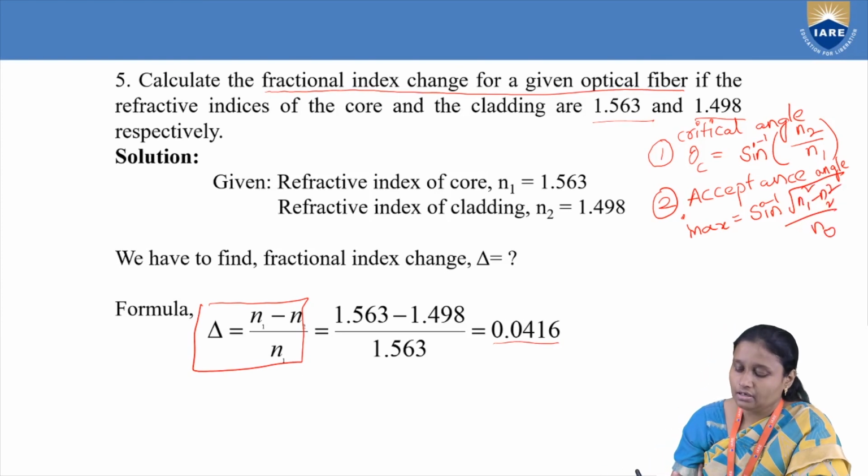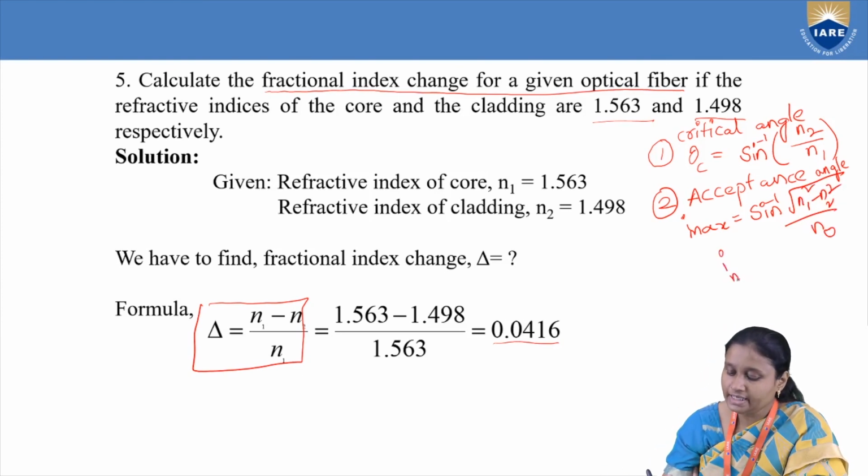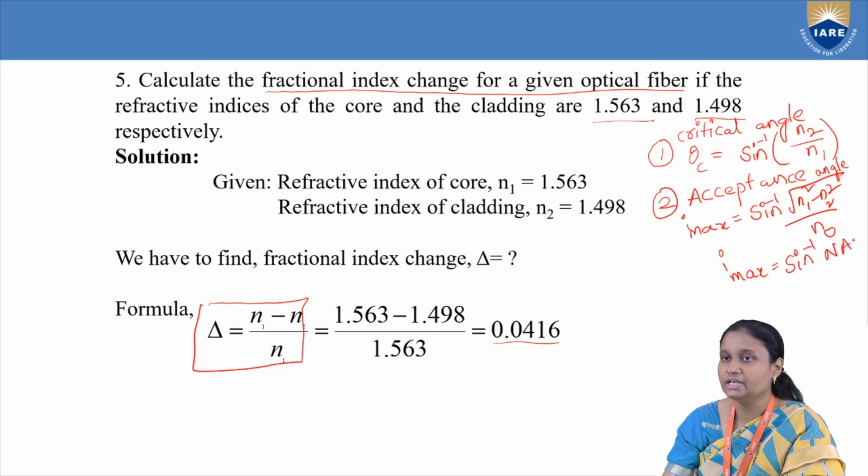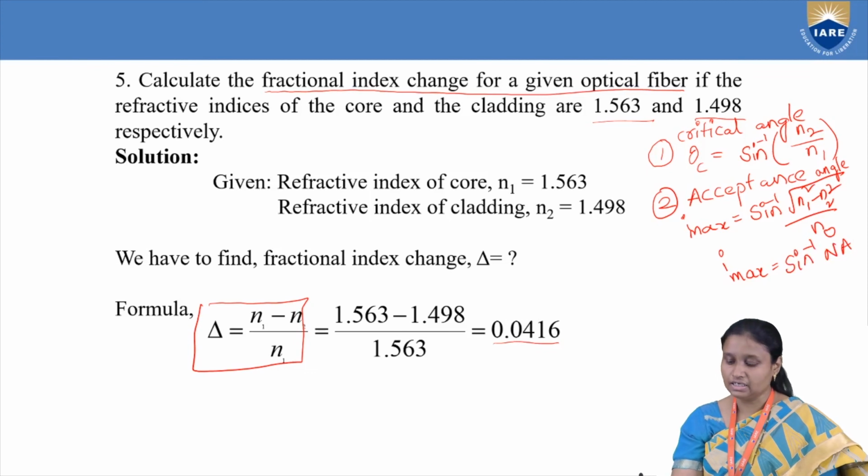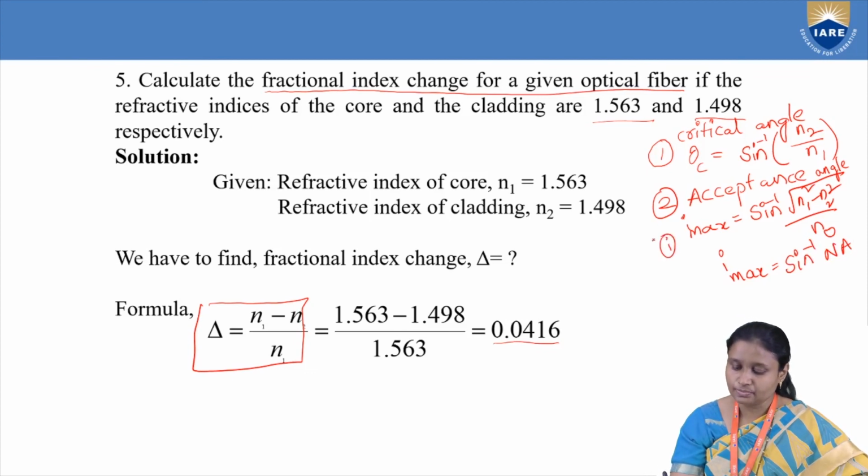Then there is one more formula. It is given as sine inverse of numerical aperture. If the numerical aperture is given, we can find it as sine inverse of numerical aperture. So this is the first formula and this is the second.